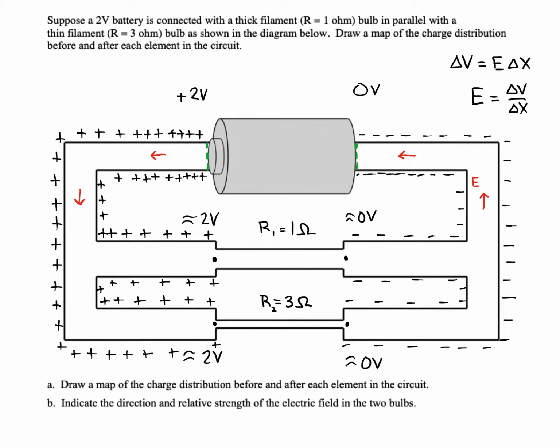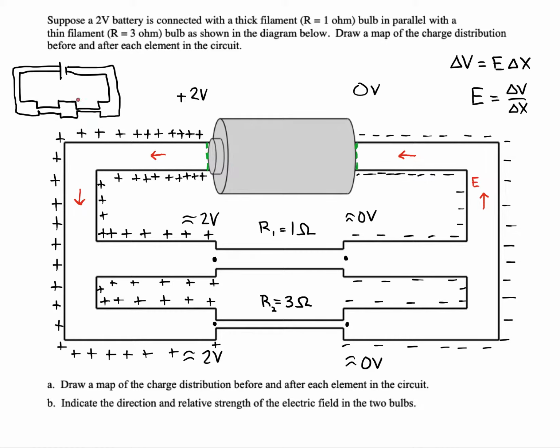And so that tells us something about what the fields should be like in these bulbs. When they were in series, if you remember, to refresh your memory, when they were in series and we had the thick bulb wired directly to the thin bulb, I said that the field would be stronger in one of these cases.